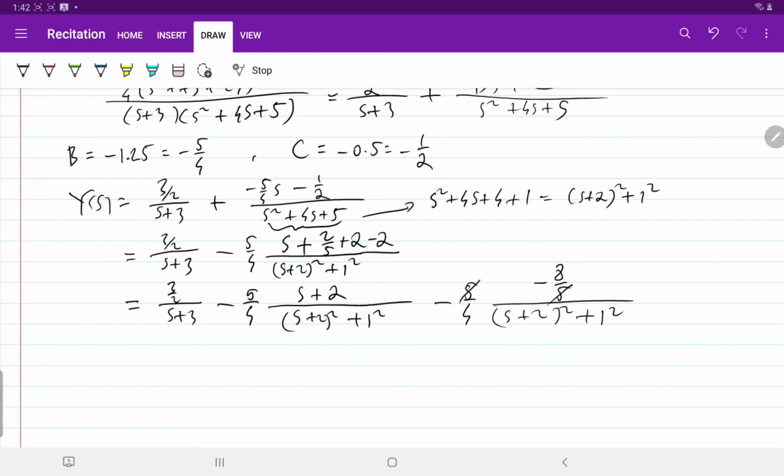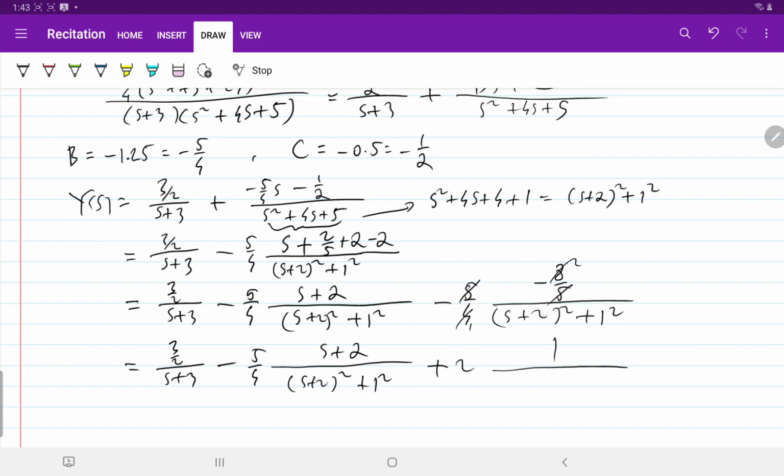So that cancels. This is 1, this is 2, so 3 over 2 over s plus 3, minus 5 over 4 times s plus 2 over s plus 2 squared plus 1 squared, minus minus plus, you have 2, the coefficient here is 1, over s plus 2 squared plus 1 squared.